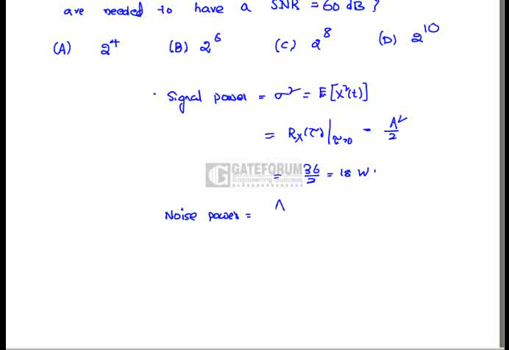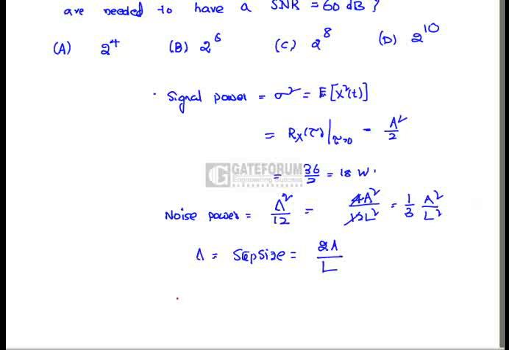Whereas the noise power is given as delta square by 12, where delta equals the step size, equals 2 into peak value in magnitude divided by L, equals 4a square by 12L square. L equals 2 power n, where n equals the number of bits.